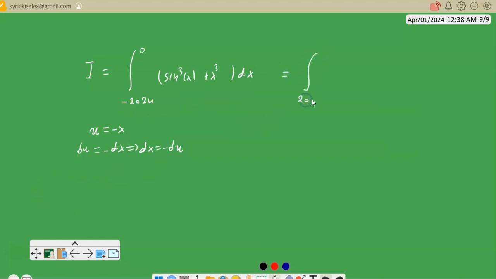Here is 2024, and here is 0, sine cubed of minus u plus minus u cubed, and dx equals minus du. I flip these numbers, so I kill the sign minus here.